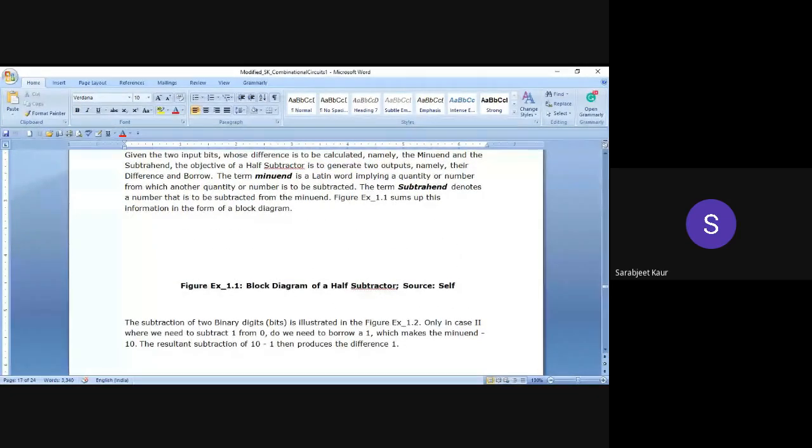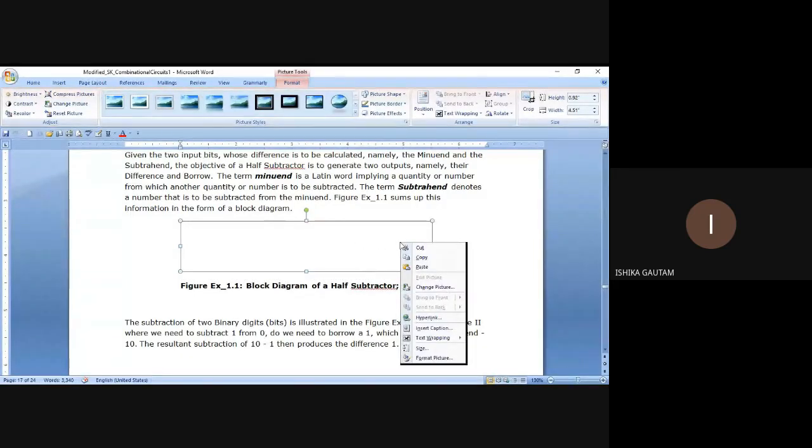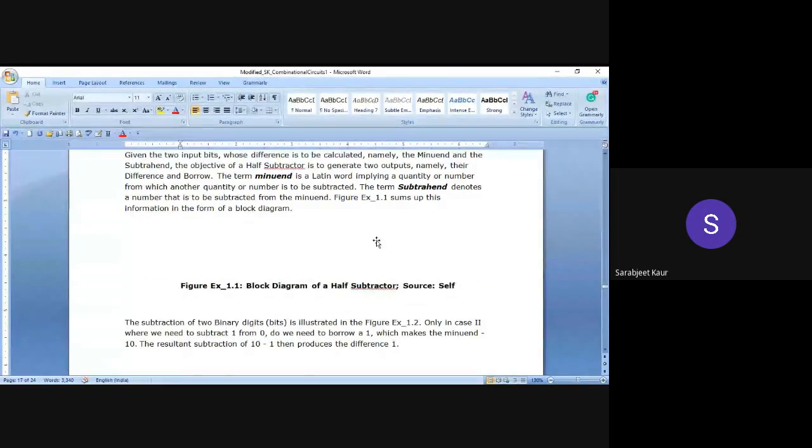Just give me a second. Can you see this diagram? No, ma'am. But you can see the screen, right? Yes, ma'am. Okay, just give me a minute.